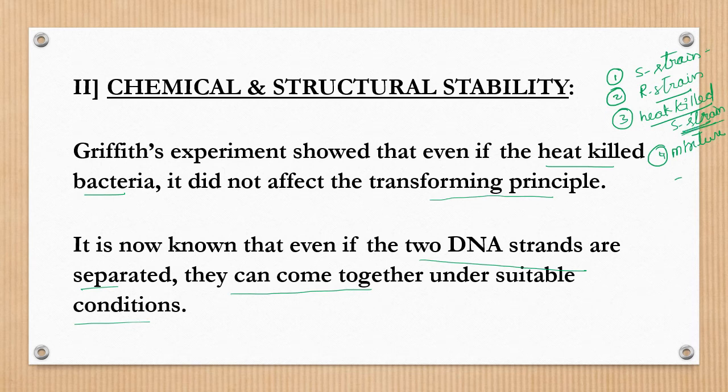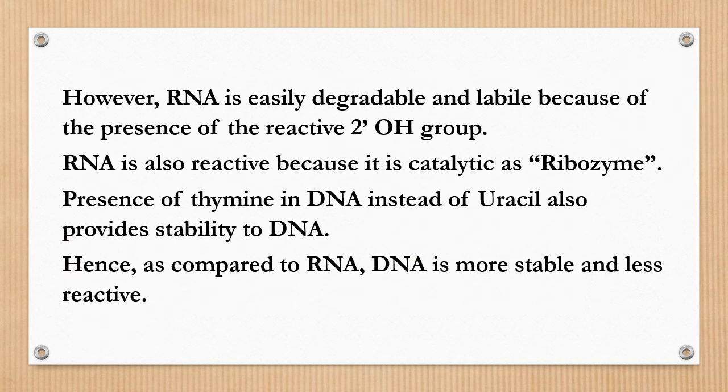So R strain DNA is transformed as S strain DNA, and it causes pneumonia and kills the mice. However, RNA is highly, easily degradable.